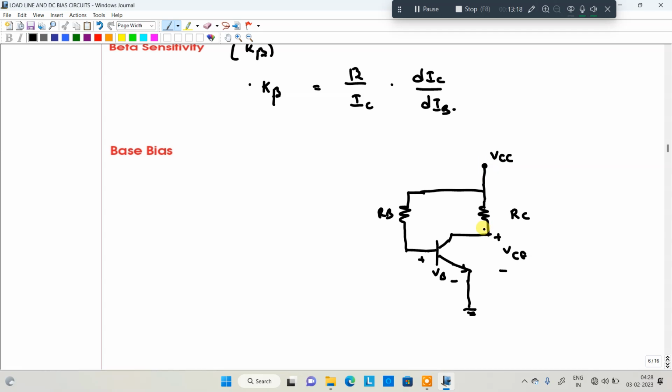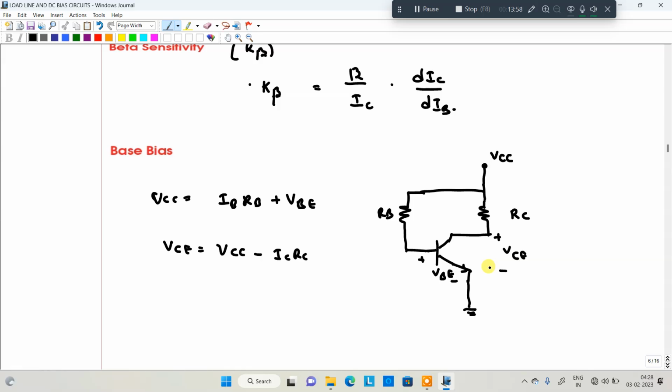In the fixed bias condition, I will give some important formulas to remember. VCC is equal to IB RB plus VBE. As well as VCE: VCE is equal to VCC minus IC RC.